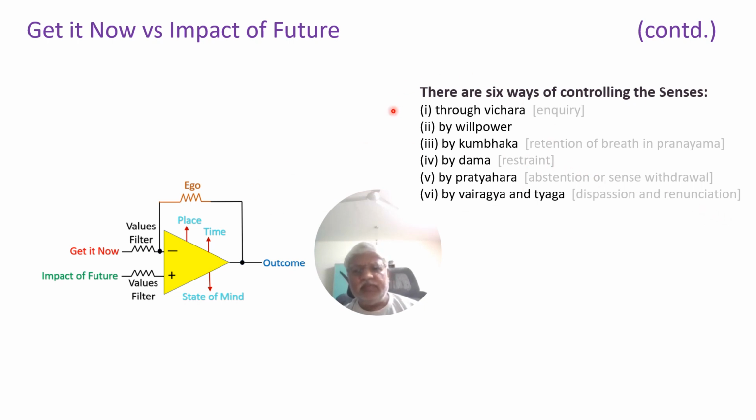So by some of these, based on the situation, we should be able to control the actions and thus get the desired outcome. Thus we will also improve the healthy ego.